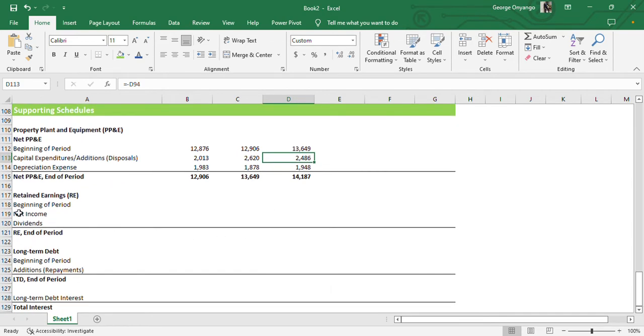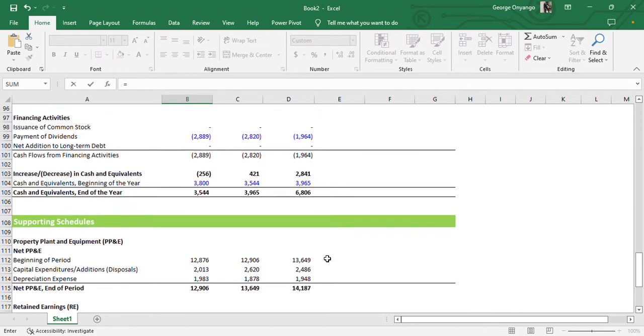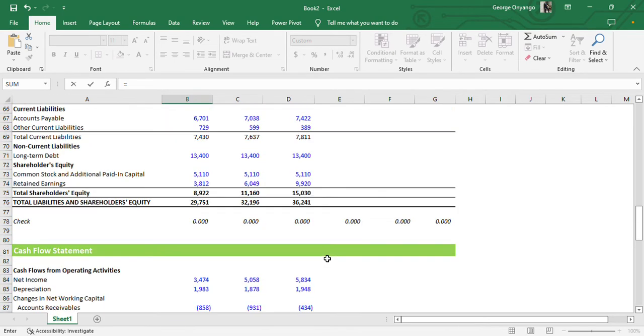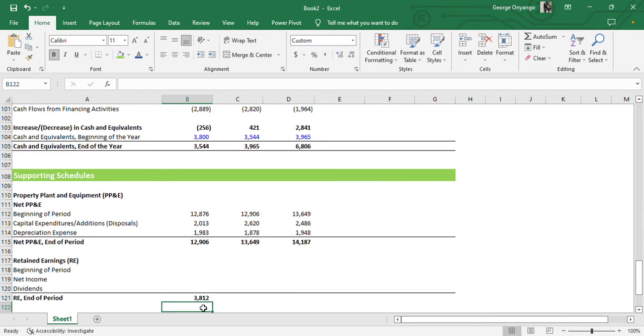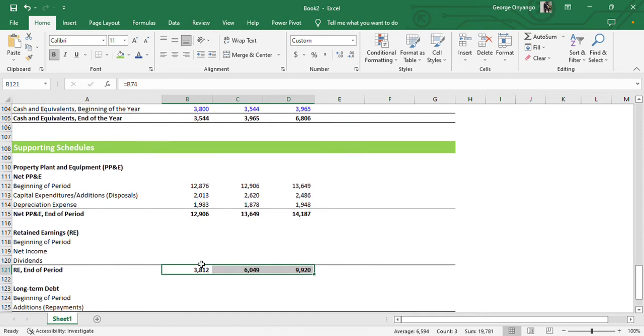Then we have now the retained earnings. We have the retained earnings at the end of the period. What was the retained earning? That one we get from the balance sheet. We have the retained earnings here. So we just fill that, right, to get the retained earning at the end of those periods. Then we have the dividends.